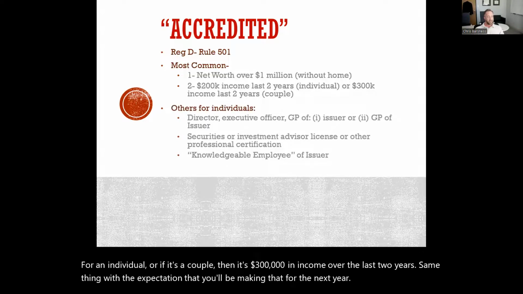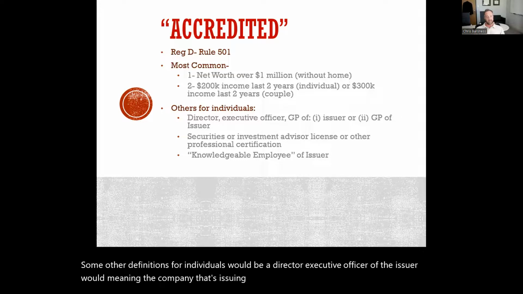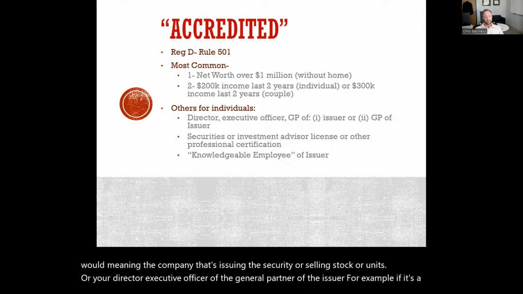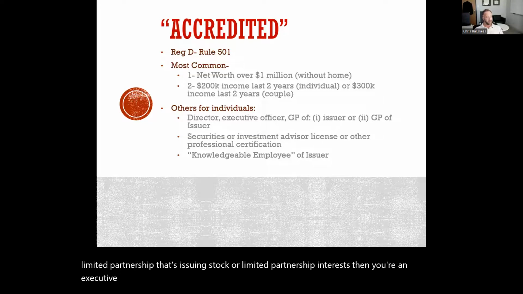Some other definitions for individuals would be a director or executive officer of the issuer, meaning the company that's issuing the security or selling stock or units, or you're a director or executive officer of the general partner of the issuer. For example, if it's a limited partnership that's issuing stock or limited partnership interests, then you're an executive officer of the general partner.